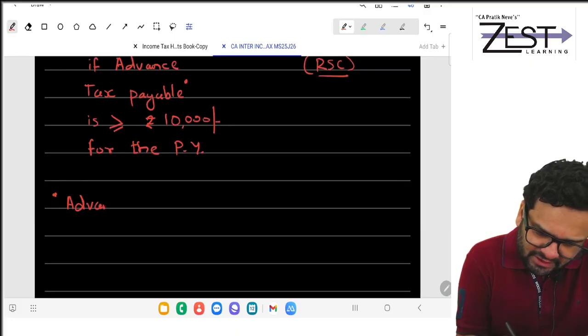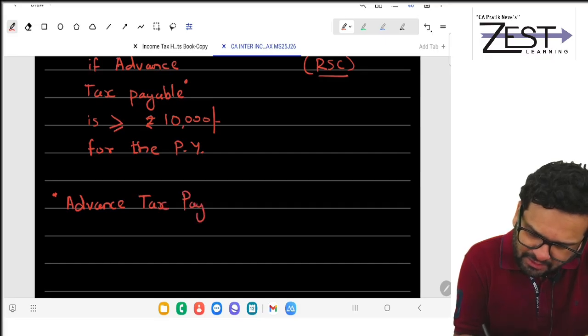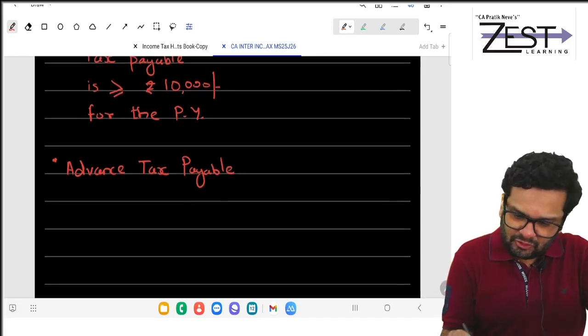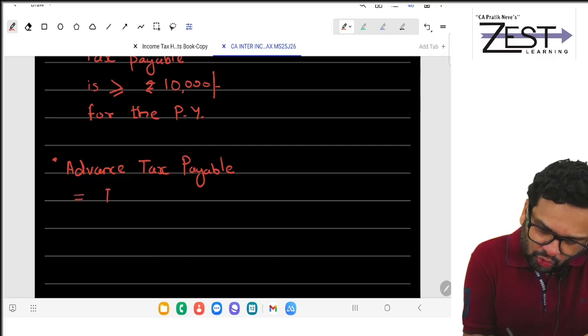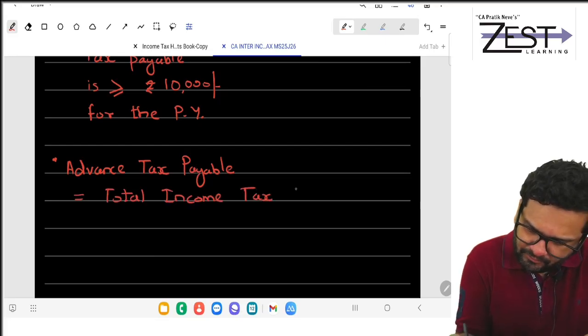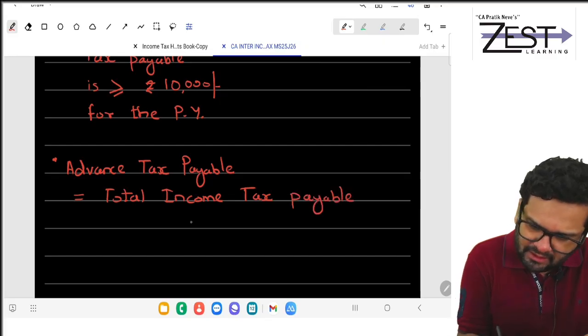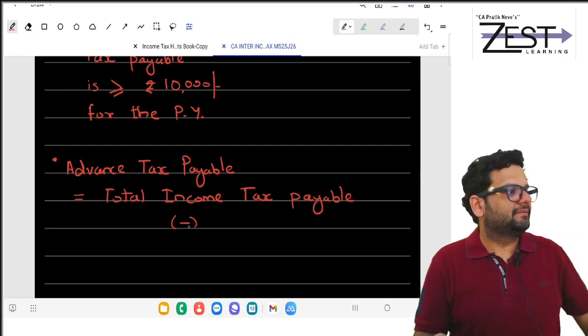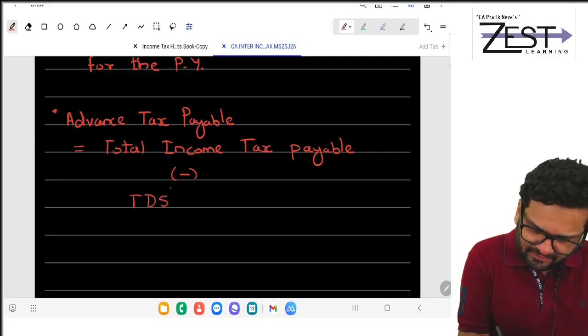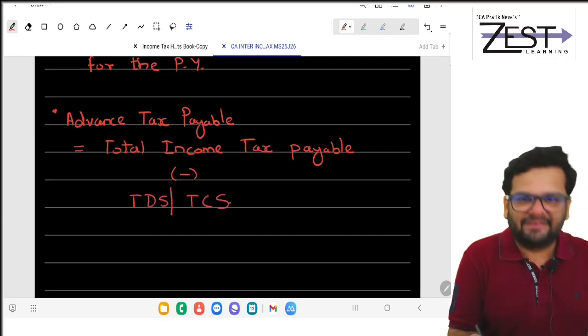What is the meaning of advance tax payable? Advance tax payable means literally how much you had to pay. So advance tax payable is total income tax payable less TDS/TCS.